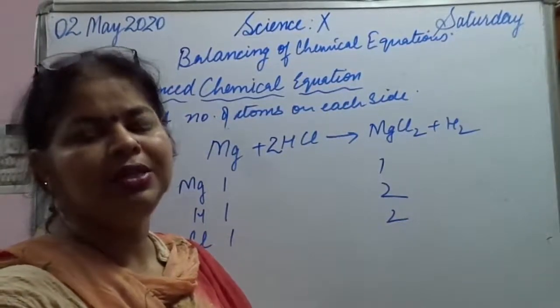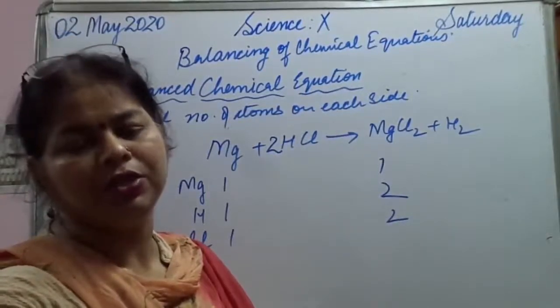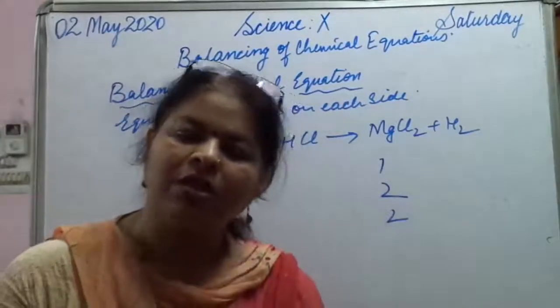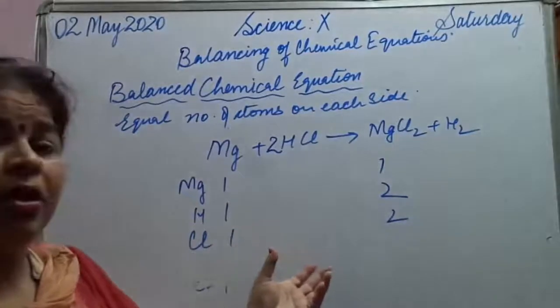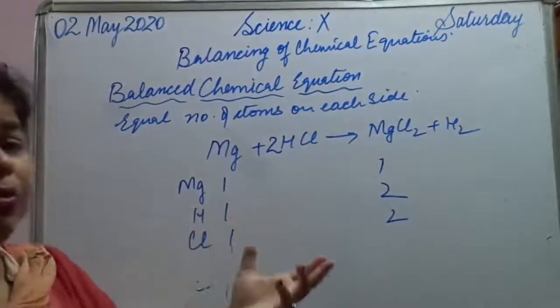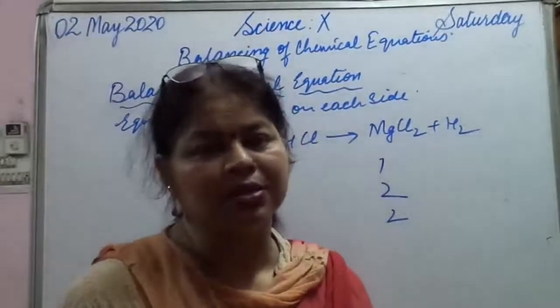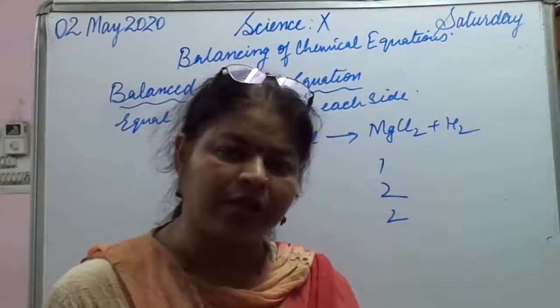Now what is the significance of balancing the chemical equation? See, when we balance the chemical equation, it means we are making it agree with the law of conservation of mass, that mass is conserved during the chemical reaction.